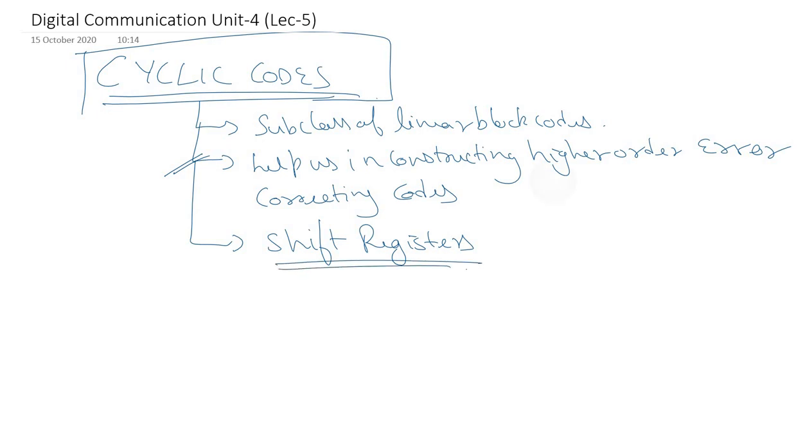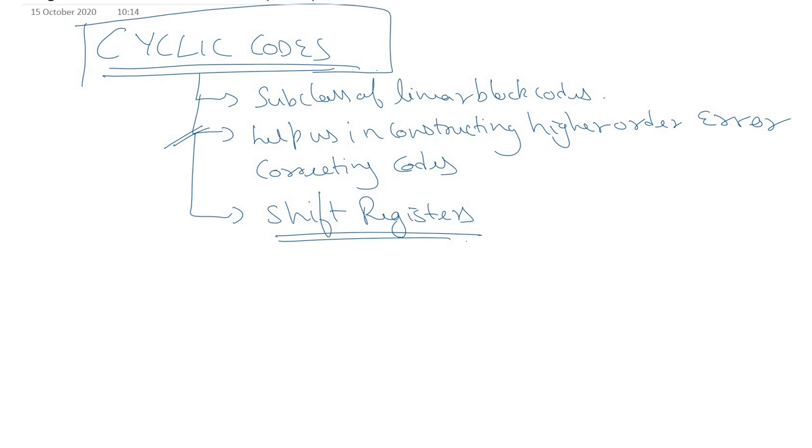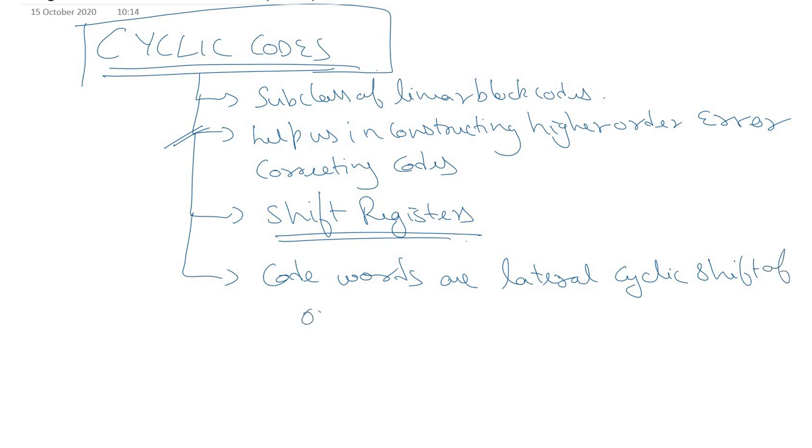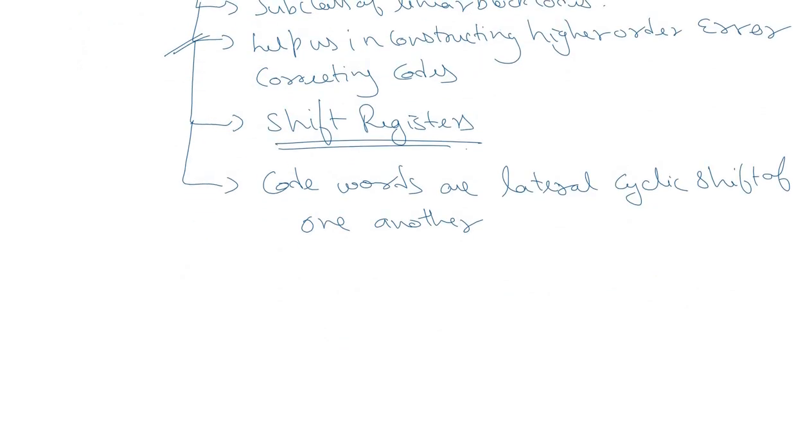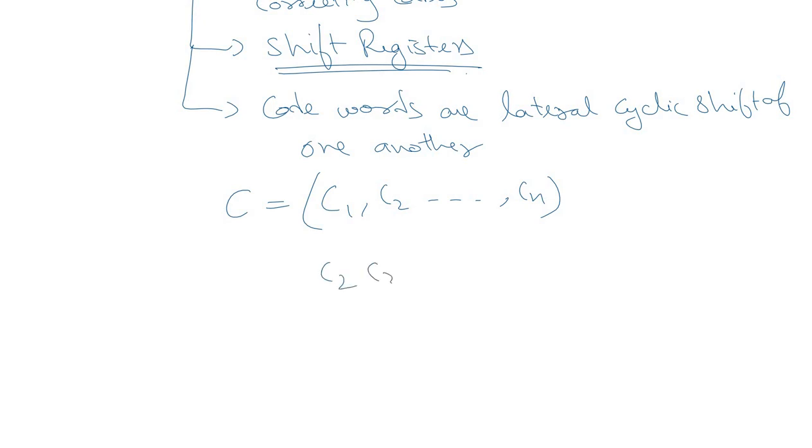Okay, so we can see that in cyclic codes, the code words are simple lateral cyclic shifts of one another. That means if C, which is equal to, let's say, C1, C2 up to Cn, is a code word, then C2, C3, up to Cn, C1 will also be a code word.